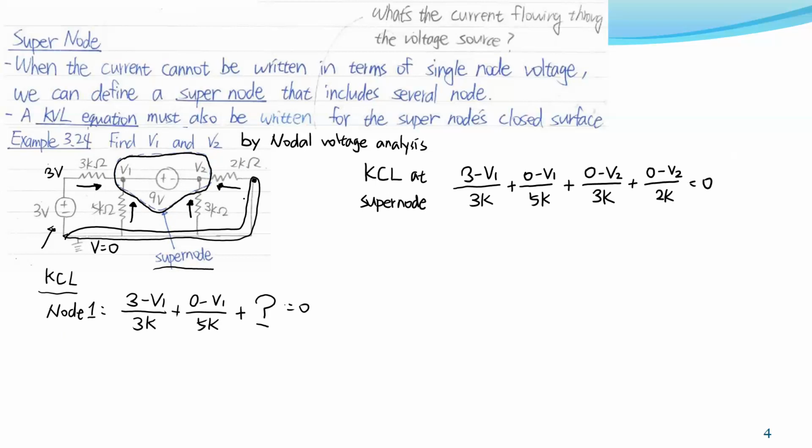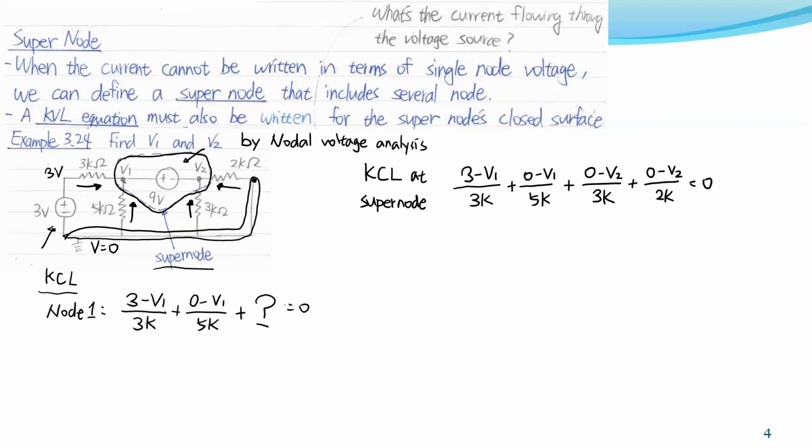Okay, so this is what the supernode means. But we need another equation, because right now we have one equation and 2 variables. For one more equation, we need to look at what is inside the supernode. There's a 9 volts voltage source within the supernode between these 2 points.